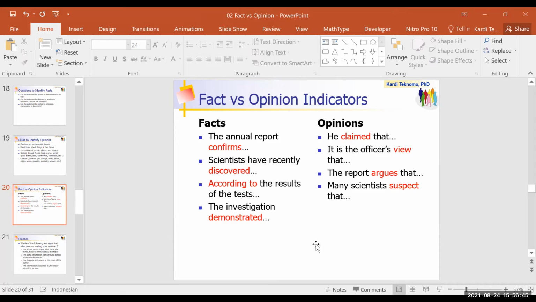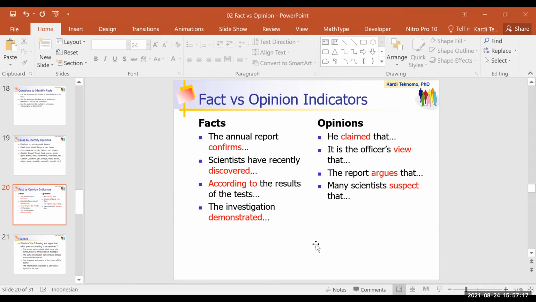You will see when you read some news or some paper, okay, there are certain keywords that I put there in red. Okay, when they say annual report confirm, the confirm usually confirms a fact, right? Scientists recently discover some fact, right? According to the result, those are usually keywords that come before a fact.